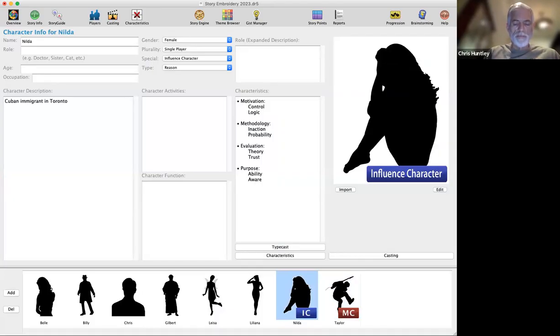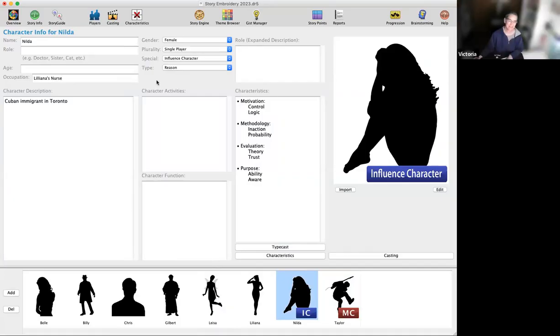She's Liliana's nurse, so that's her role. And what age do you want her to be? Young or old or middle-aged? 33. Okey-doke.